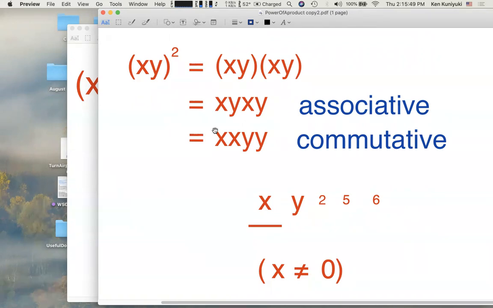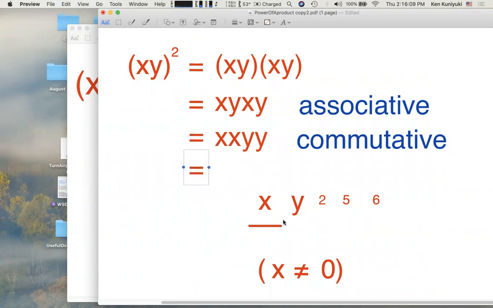Now, because multiplication is associative, it doesn't matter how we group these things, xy, xy. Multiplication is also commutative, meaning that we can switch the y and the x, order doesn't matter, and we get x, x, y, y. So then, what do we end up with?